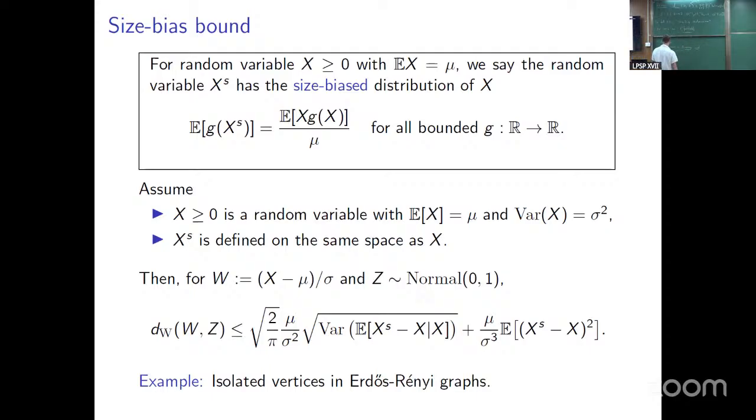So here, again, we just work on this expected value of W f of W. So this is the proof of the bound here, and we just write that as the expected value of x minus mu over sigma times f of x minus mu over sigma. And here we have x times a function of x, right? So this is f of x minus mu, but this is also a function of x.